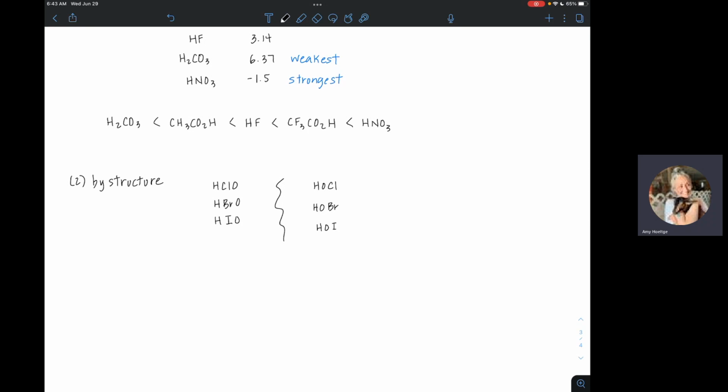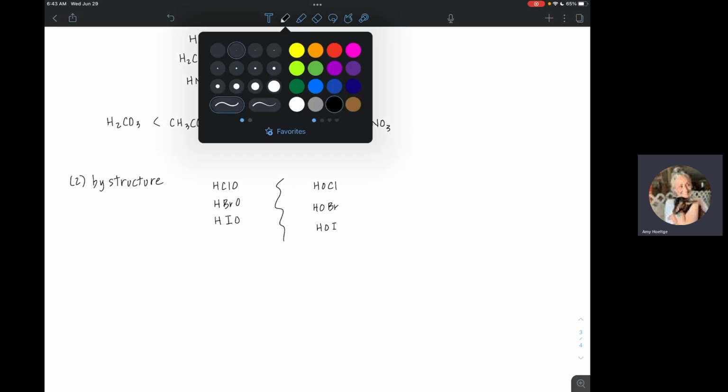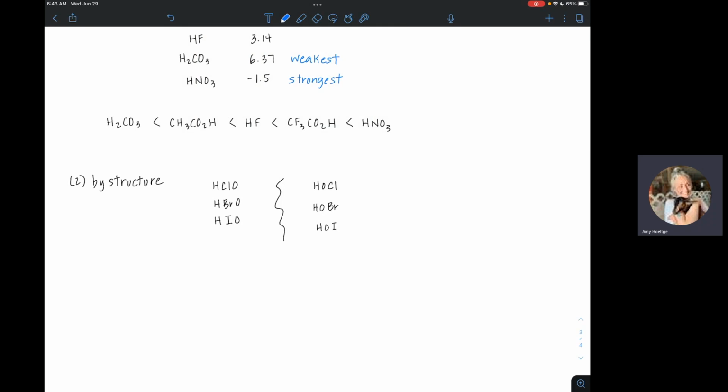The partial positive charge is going to be greater on the acid that has the more electronegative neighboring atom. So the first point of difference, in these particular molecules, is going to be the halogen. So this will be the strongest because the bond lengths are all the same.